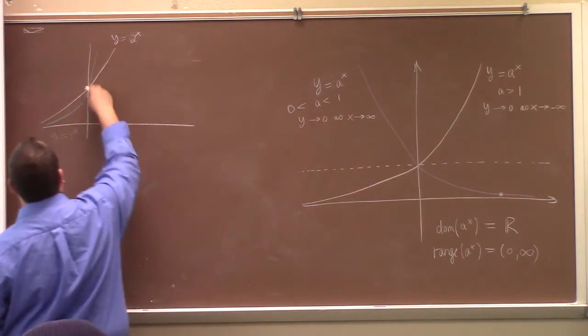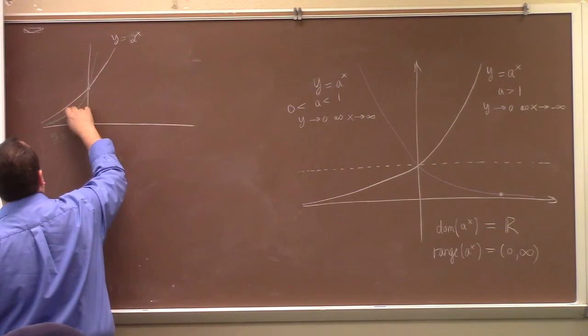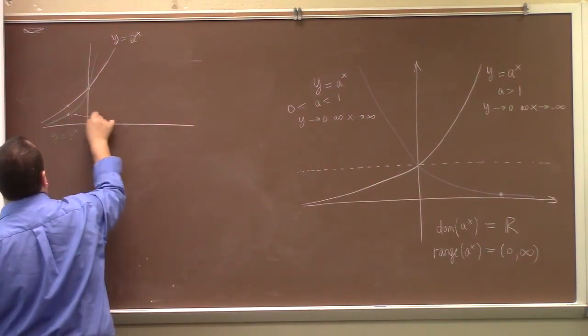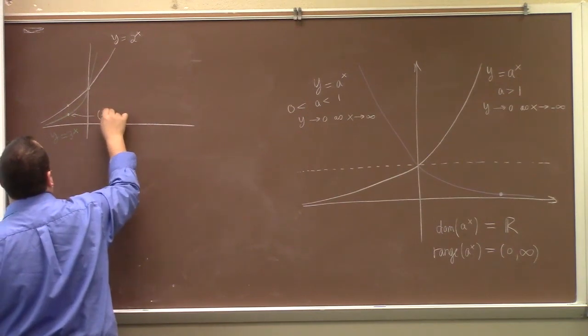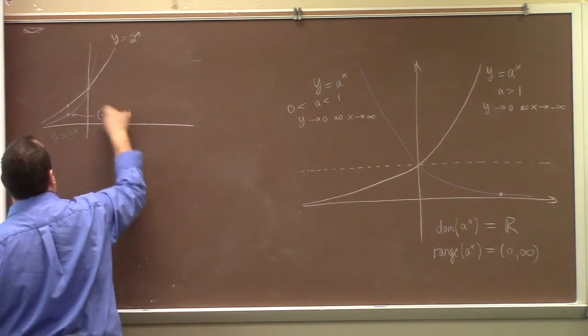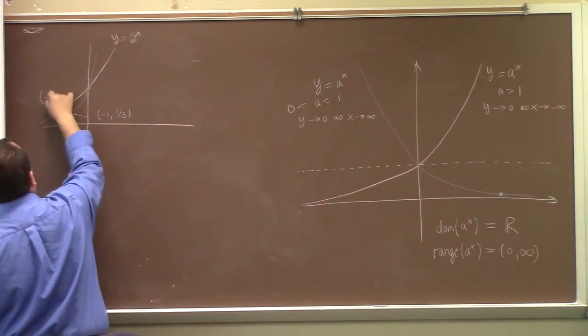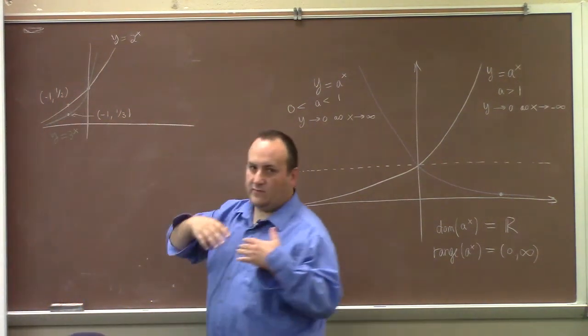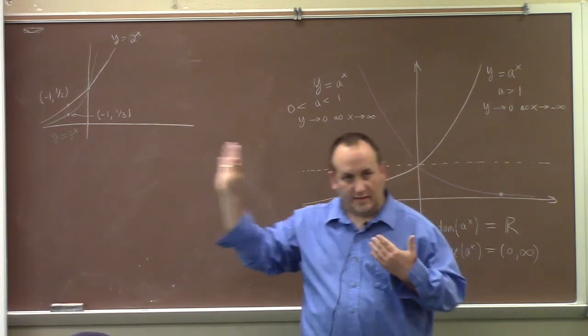So specifically, if you track the point, say at -1, what's the difference? On the green graph, you've got -1, 1/3, right? And above it, you have -1, 1/2, right? So the 2 to the x is over 3 to the x to the left of the y-axis.